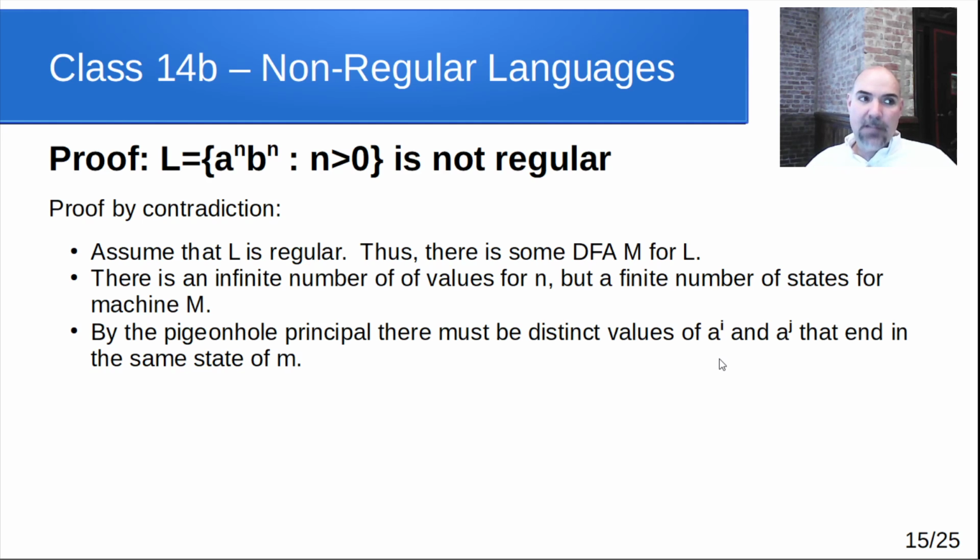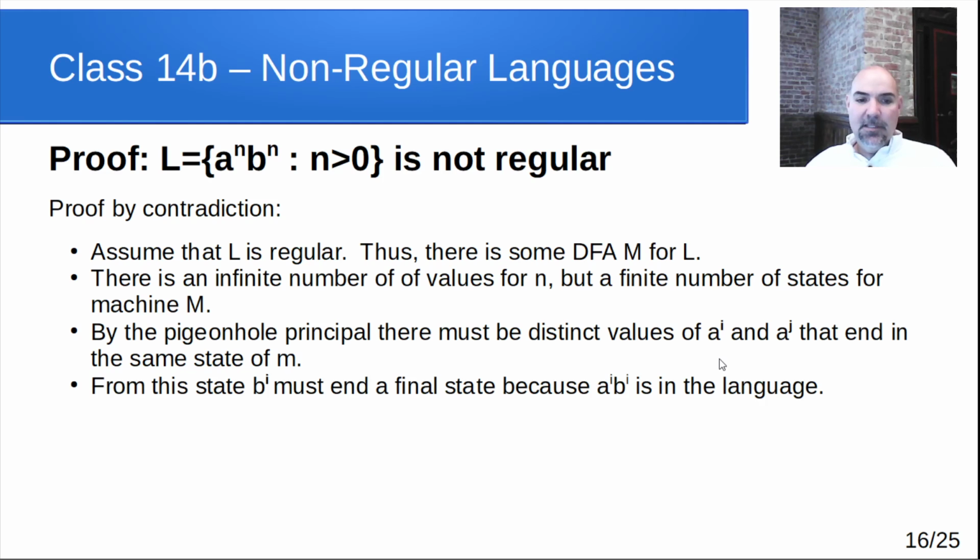Now, that means that from that state, a to the i, b to the i has to end in a final state, because a to the i, b to the i is in the language. That fits this. It's the same number of a's as b's.